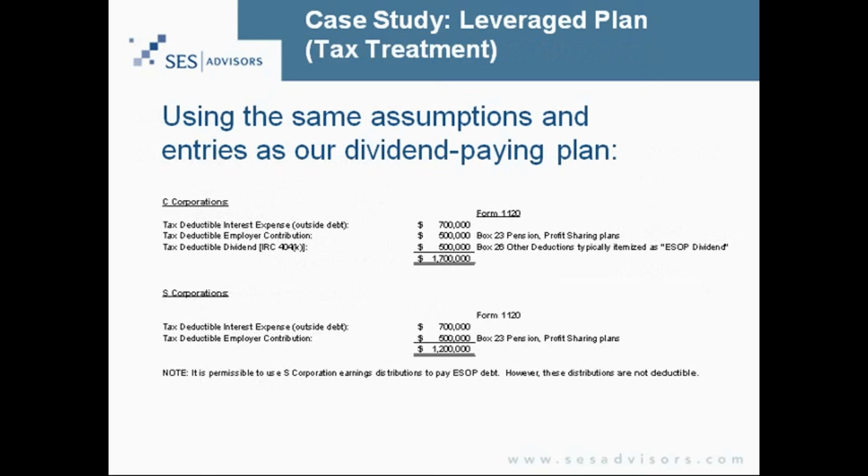So it's permissible with the same rules applying for fair market value of stock allocated and so forth. Certainly permissible to use those earnings distributions in this way, but it doesn't generate a tax deduction for the company, so it doesn't flow through to the shareholders' K-1.